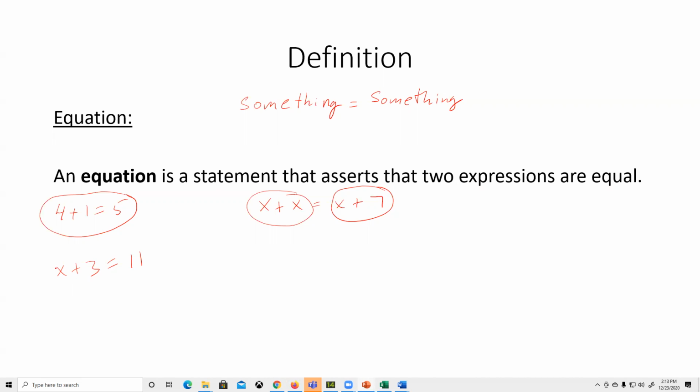Equations that do have variables, however, are the ones that are of interest to us because we don't know everything there is to know about them yet, right? When we have x plus 3 equals 11, we have a mystery. We have this number x, a symbol that stands for a number, and we don't know what that number is.